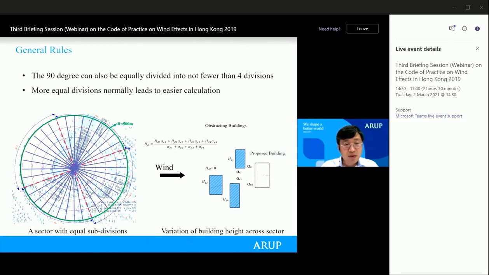More equal divisions normally lead to easier calculation, because for smaller divisions covering smaller angular length, it is easier for one building to occupy the whole division. That means we need less effort to consider the weighted average. That is why we say that will lead to a slightly easier calculation.